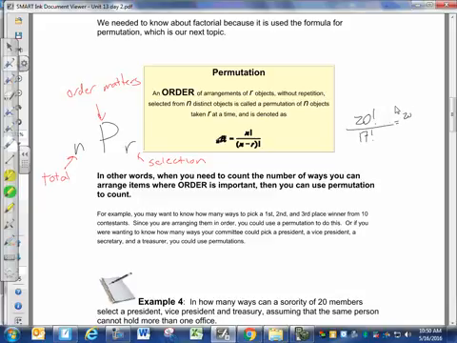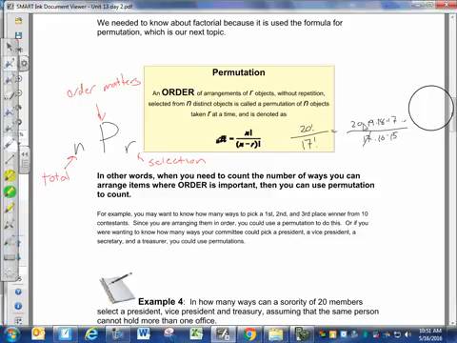Well, this would be 20 times 19 times 18 times 17, et cetera, divided by 17 times 16 times 15.